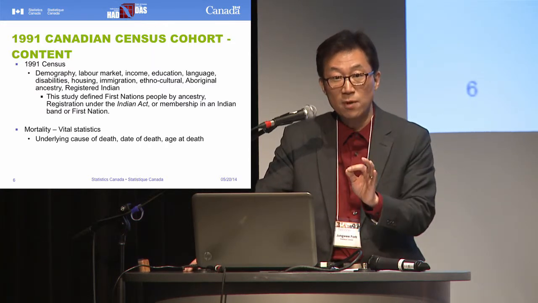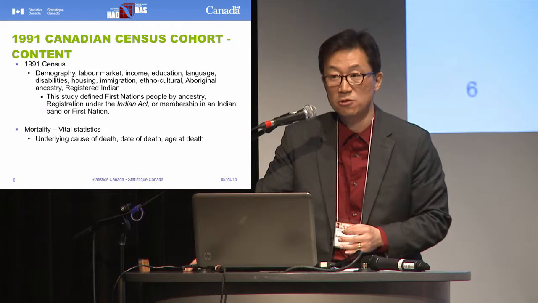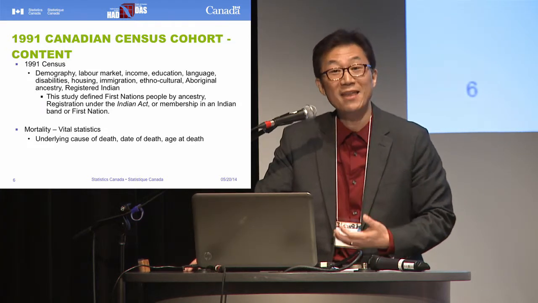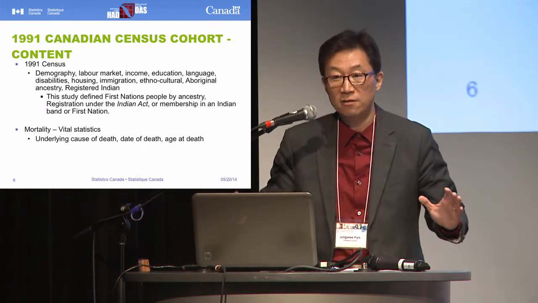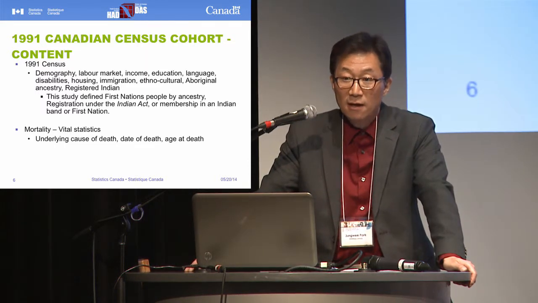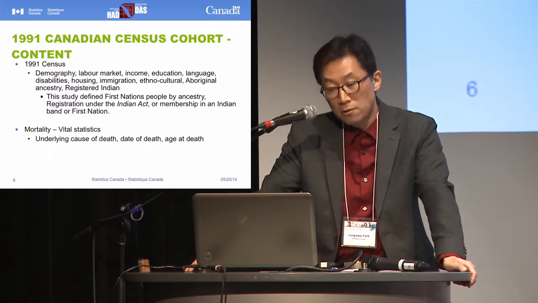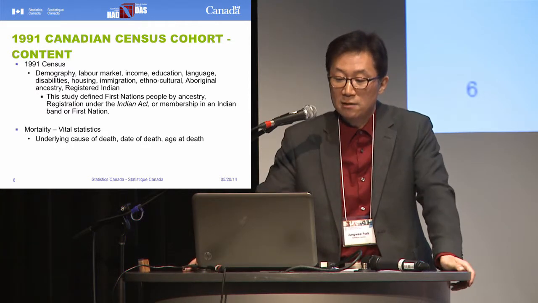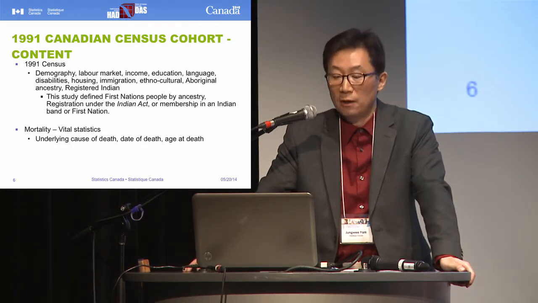The cancer information is linked to the census information, and also labor force information and tax information. All those different important socio-demographic databases are connected under the big project of the 1991 Canadian Census Cohort study.